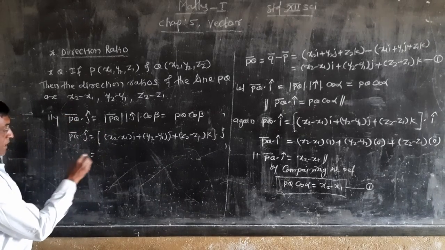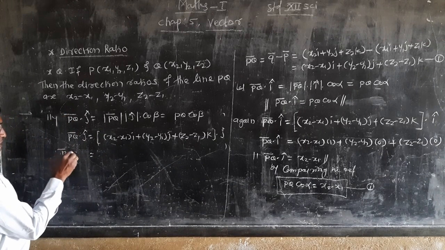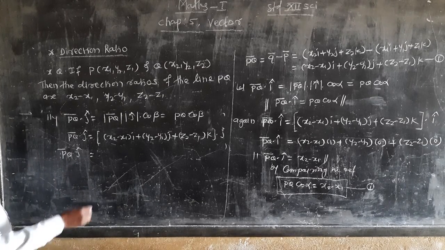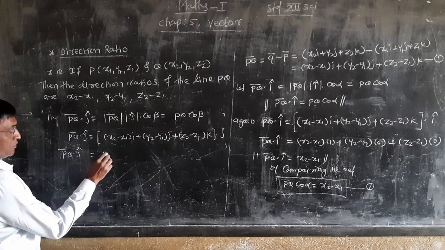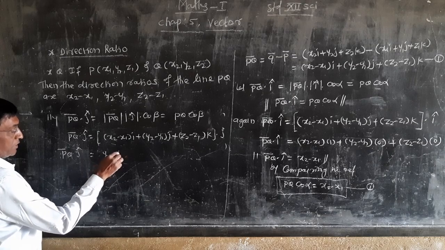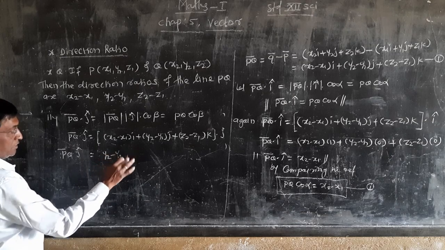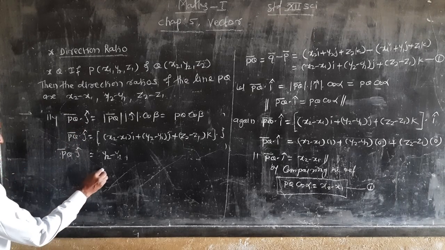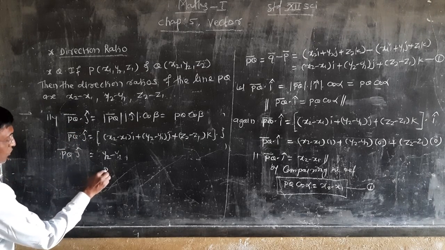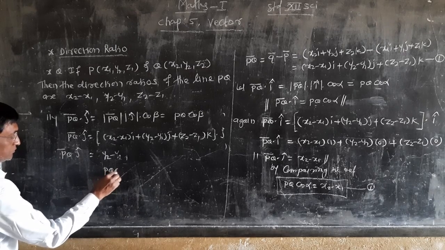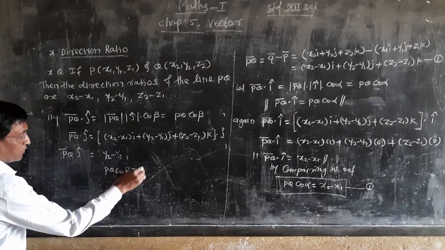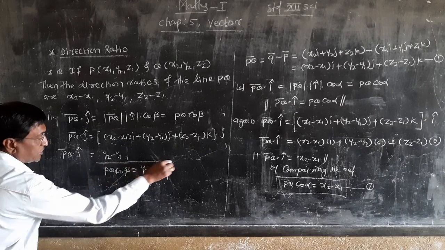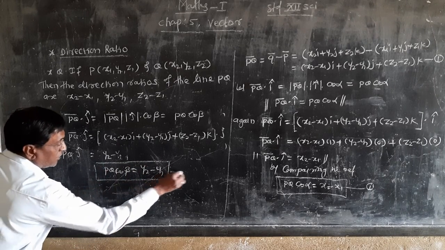By simplifying, you know that the same vector dot product is 1 and different vector dot product is 0, so simply we get y2 minus y1. By comparing with this, we get PQ cos beta is equal to y2 minus y1. I will consider this as equation number second.